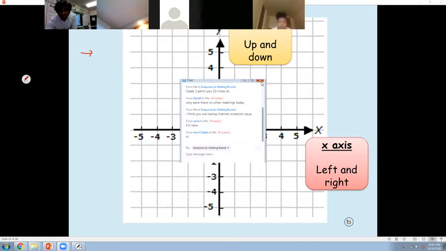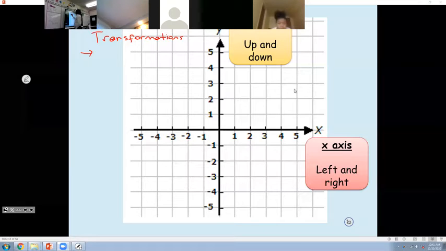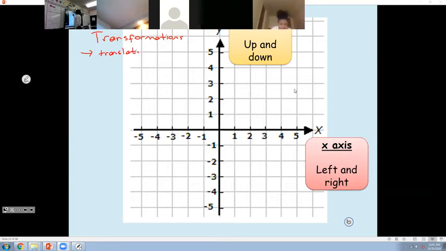Okay. All right. So we talked about transformations. And the first one was translation. What was the other word for translation? Do you remember? Moving, right?